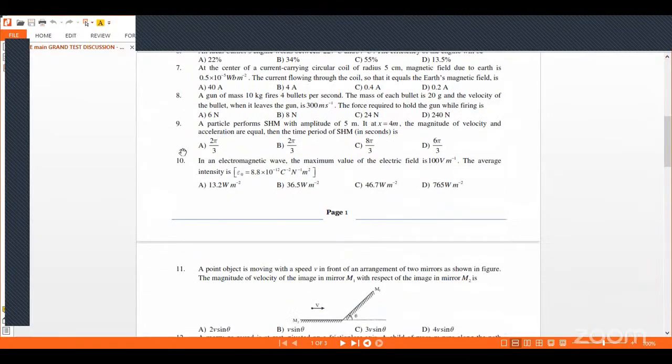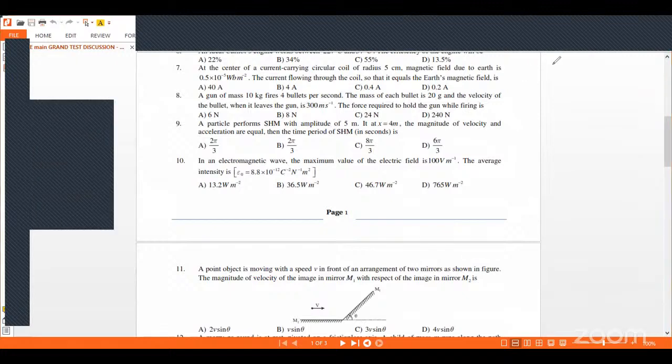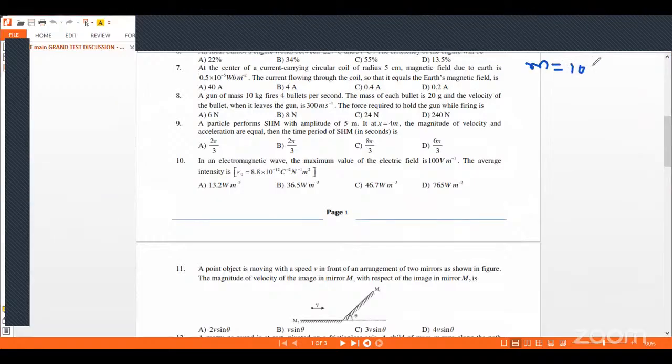A gun of mass 10 kg fires 4 bullets per second. Mass of gun is 10 kg. Number of bullets per second is 4.